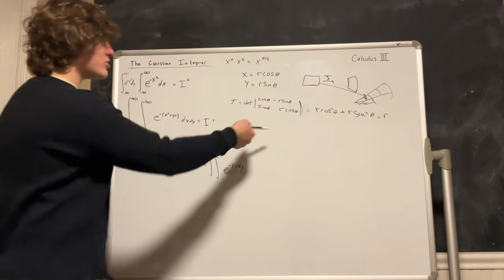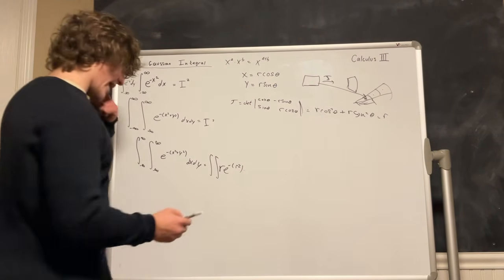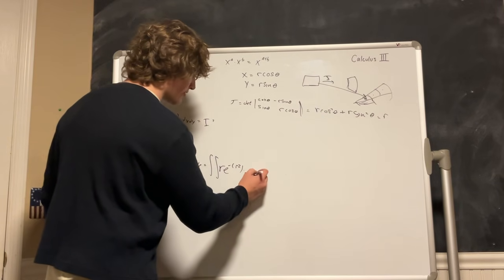And now we have to multiply our Jacobian into this integral, so we have r times that. Now we have dr d theta.